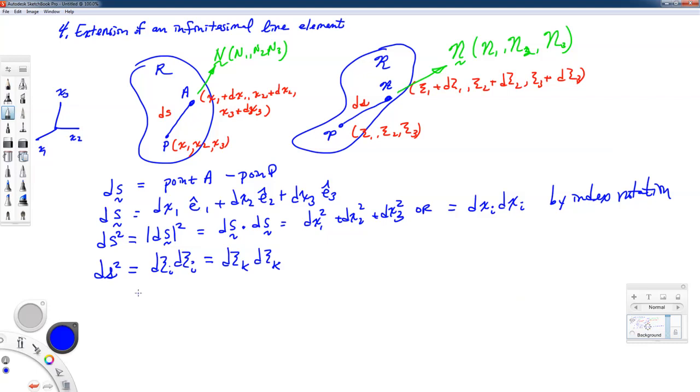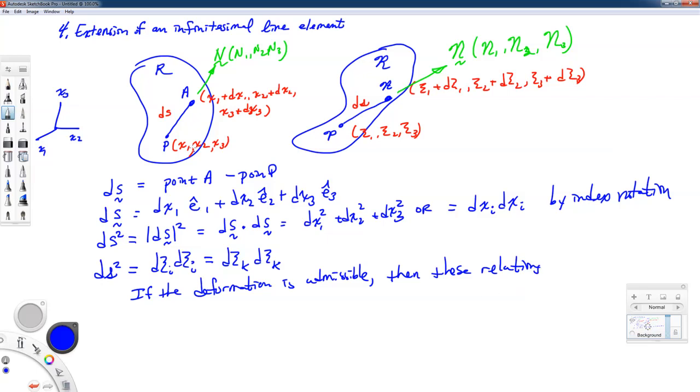We've talked about admissible deformations. If the deformations are admissible, then these relations are invertible.